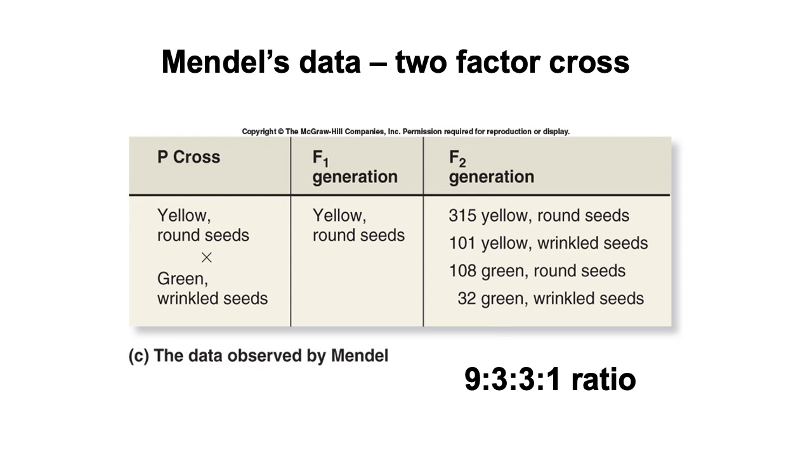And that is a 9-to-3-to-3-to-1 ratio with all the possible combinations, right? You can have yellow and round or yellow and wrinkled, etc. But again, you can see in the F1 both dominant traits showing up there.